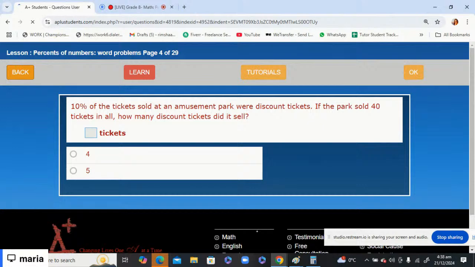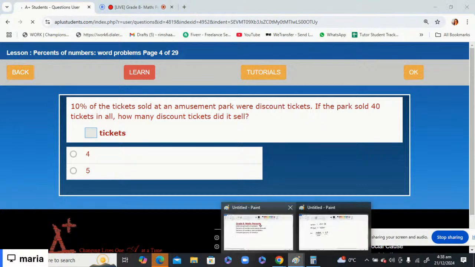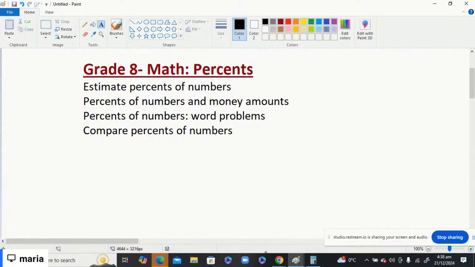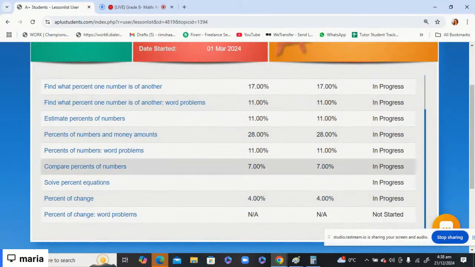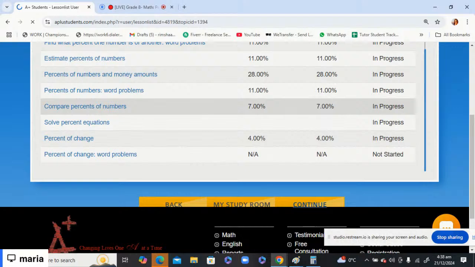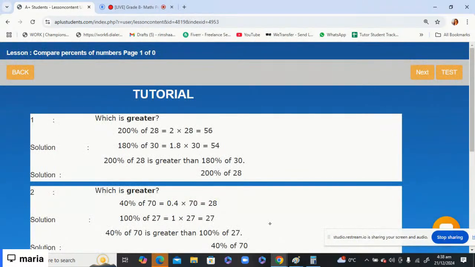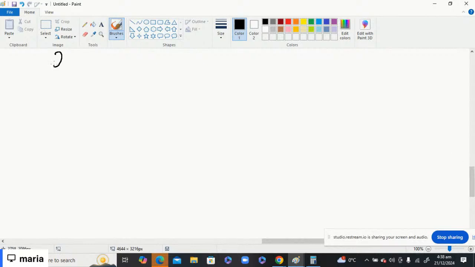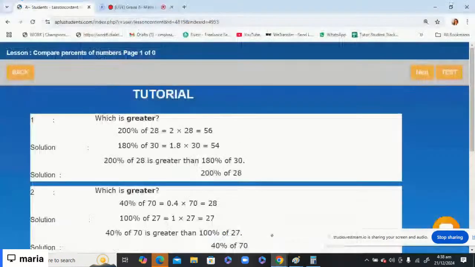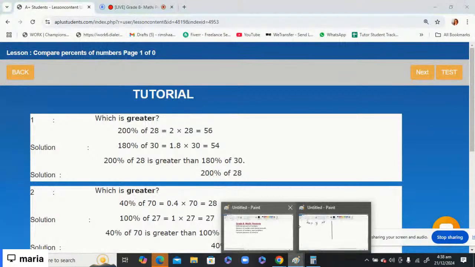Now start the last lesson of the day, which is compare the percent of a number. So which is the greater? 200% of 28. Let me just write it. Or 180% of 30.